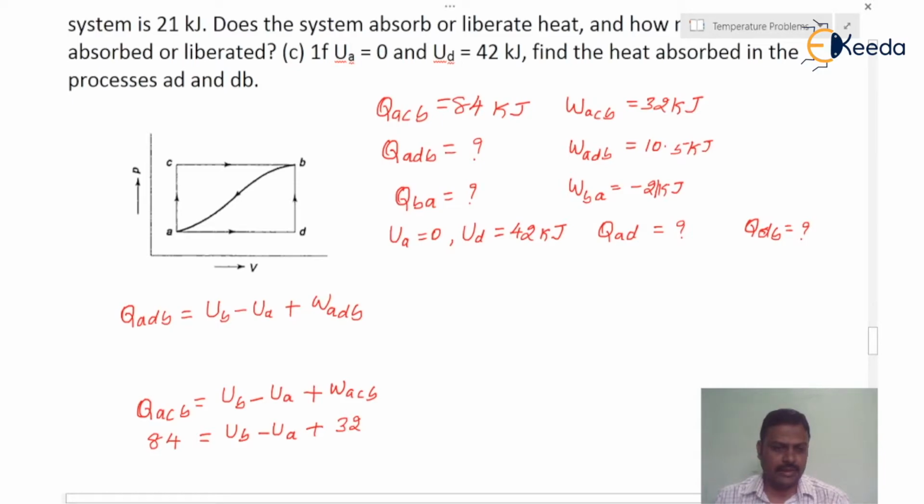So then UB minus UA will be 52 kilojoules.